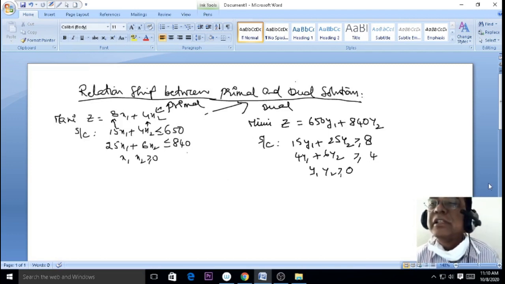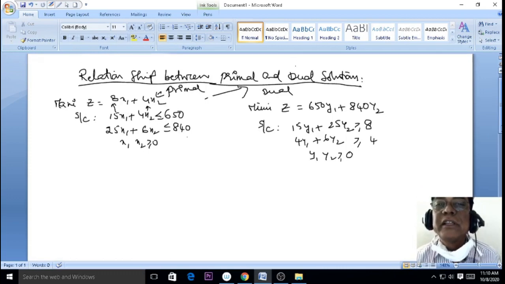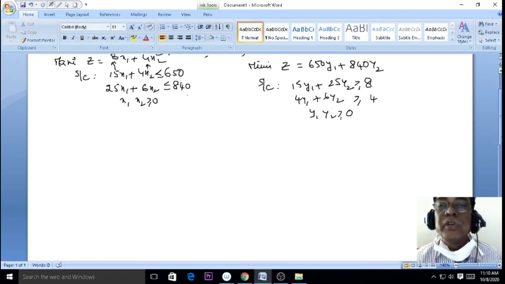Today we learn how to convert the inequality equations of a primal to a dual.